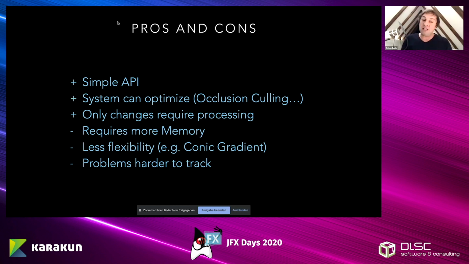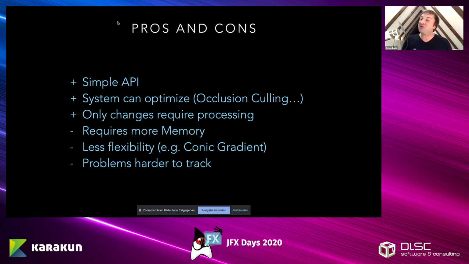There's a bit less flexibility in some aspects. For example, I remember that one of the first things that Gerrit Grunwald did was creating gradients and cool stuff. And he was creating these watch-like meters and controls and gauges. And one of them had a conic gradient as background.